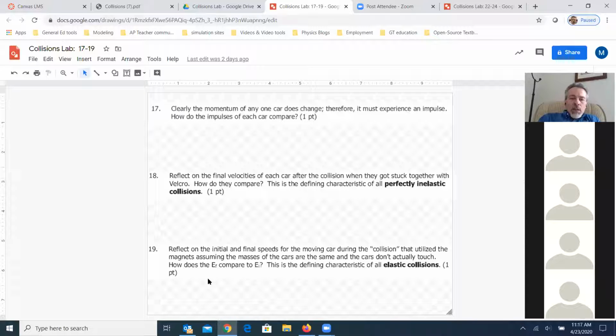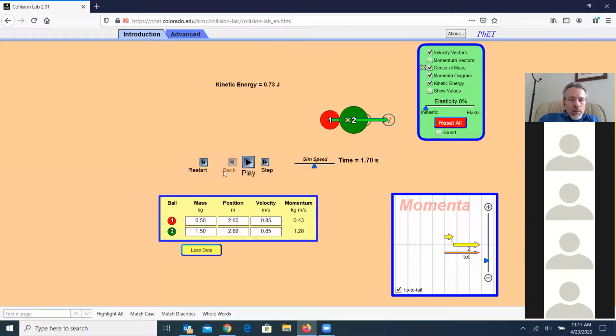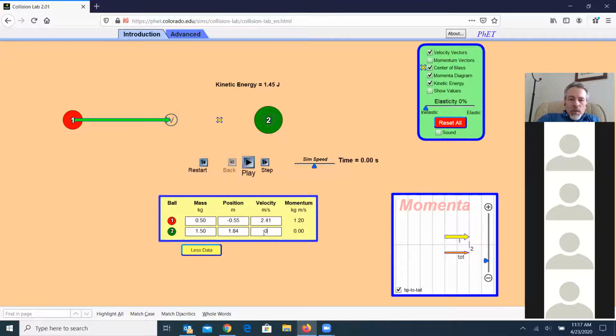Okay, now let's look at elastic. This one's a harder one, so let me rewind this. So here is, let me change this to 0. Here's one possibility for elastic. Here's another possibility for elastic.